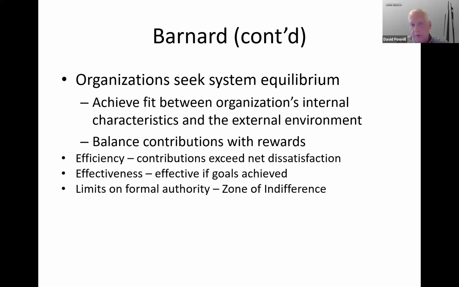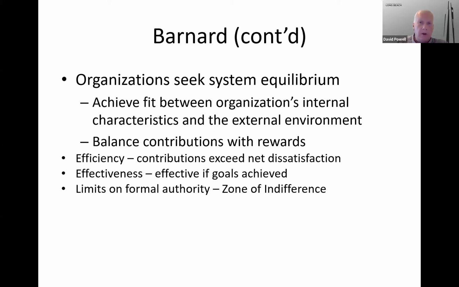Also, as we remember last week when we talked about Chester Barnard, there's also a limitation on our ability to get contributions from our employees. And that limitation is these zones of indifference, that every single one of our employees will have their own unique zone of indifference. So if we ask someone to do something that violates their ethical standards, their values, we're probably not going to be able to extract contributions from those employees.